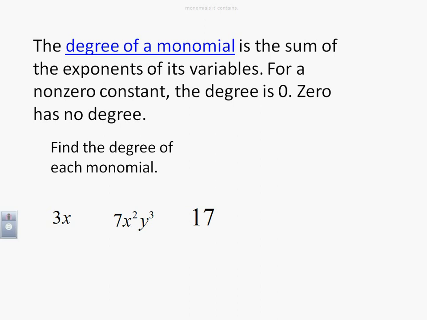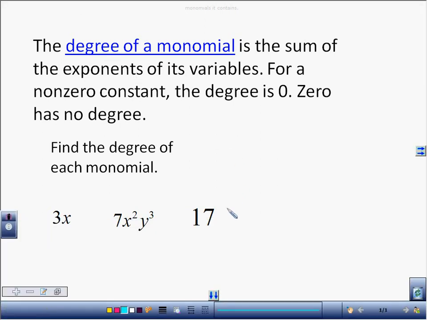So what that means is, this one over here has degree 0. This is called a constant term, and it has degree 0. It's just the power that it's raised to. What's the degree of this? What's the power next to the x? 1, right?